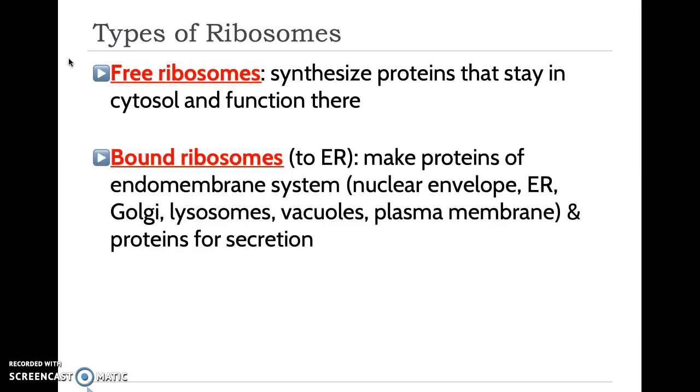Bound ribosomes, bound to the endoplasmic reticulum, make proteins of the endomembrane system: the nuclear envelope, the ER, Golgi apparatus, lysosomes, vacuoles, the plasma membrane, and proteins that need to be secreted.